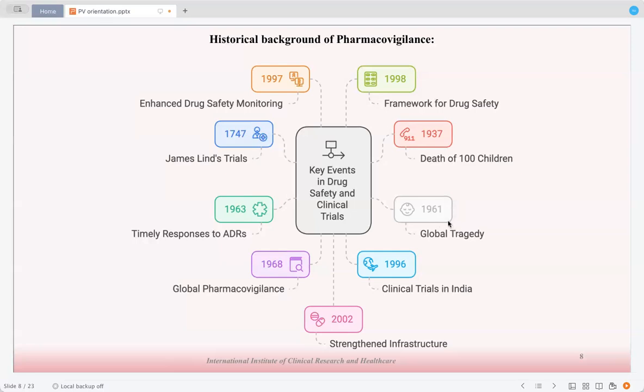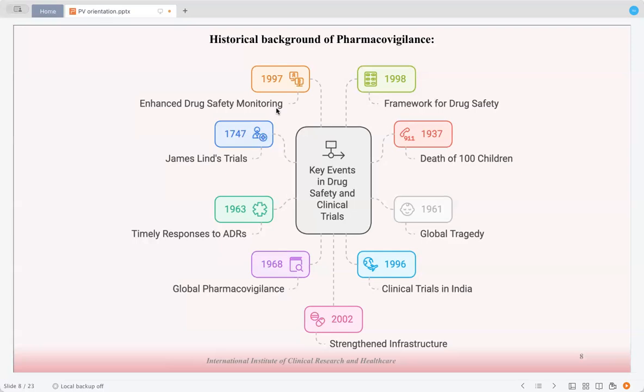And in 1963, the 16th World Health Assembly recognized the need for rapid action on adverse drug reactions. In 1996, a global standard clinical trial was initiated in India. Then in 1997, India joined the WHO adverse drug reaction monitoring program to enhance drug safety and monitoring.